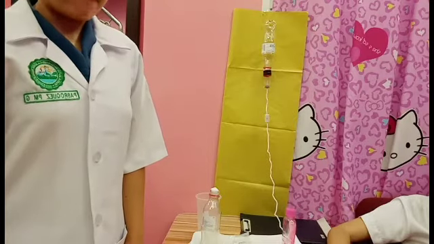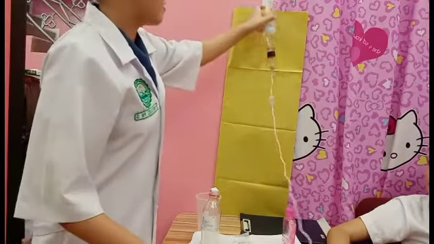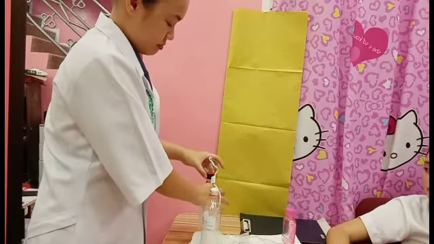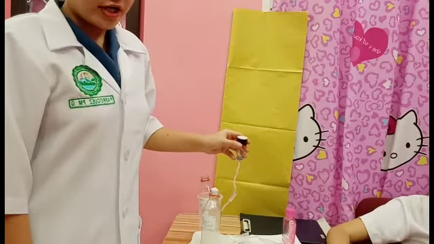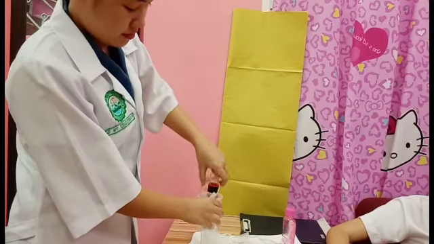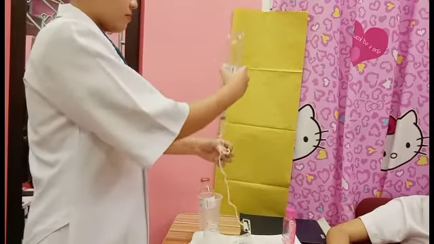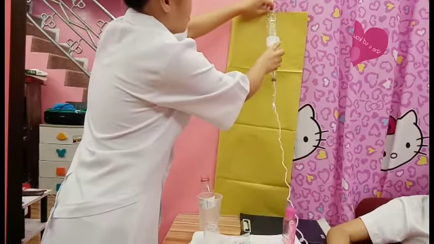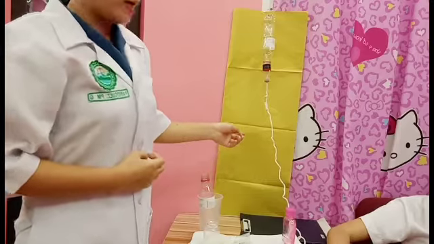Quickly remove the spike from the old IV container, being careful not to contaminate it. Then, steady new container and insert spike, hang on the pole. Then, reopen clamp on tubing and adjust flow.